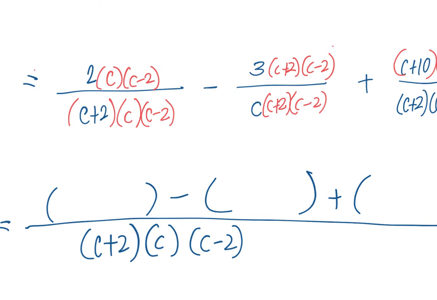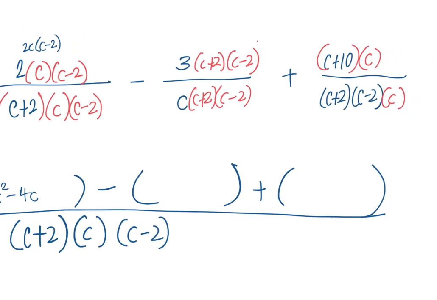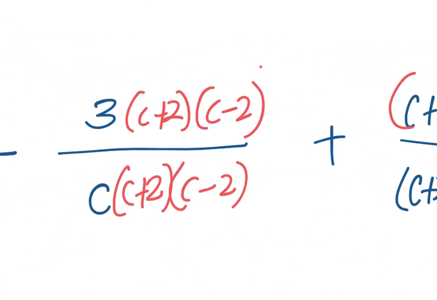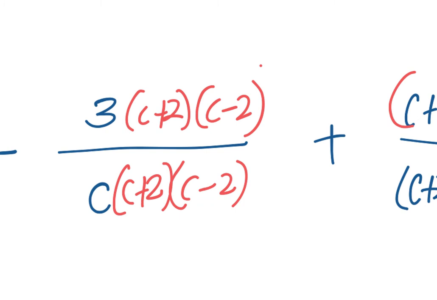So basically, you're distributing a 2C to the C minus 2, which gives you 2C squared minus 4C.